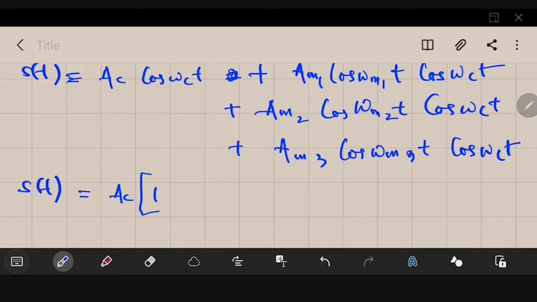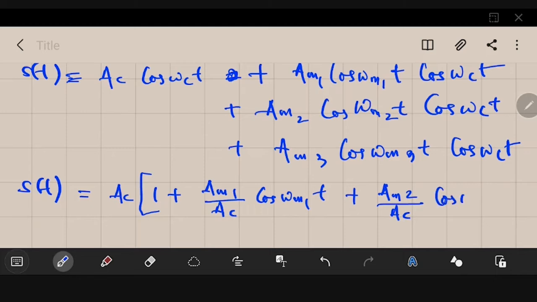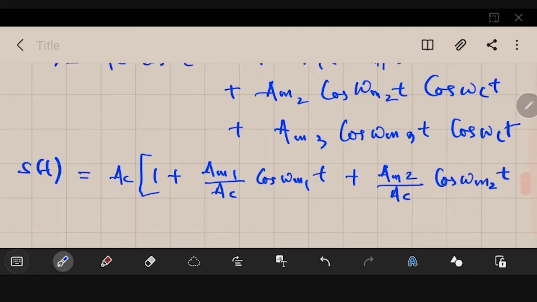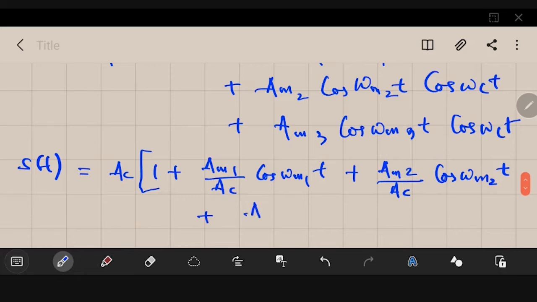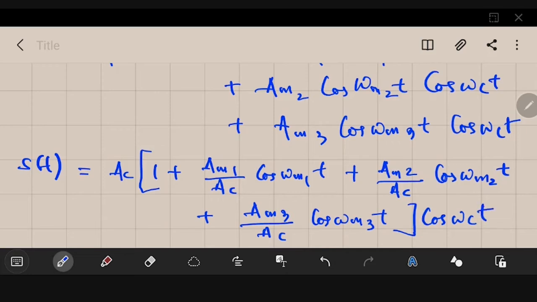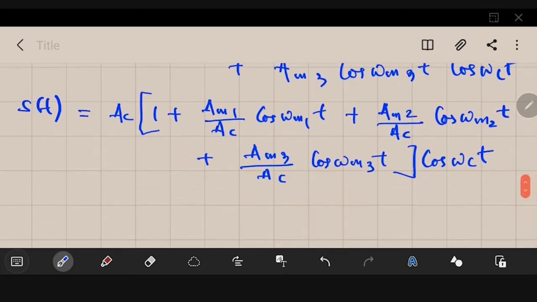So I can write it like this, 1 plus A_m1 by A_c cos omega_m1 t, similarly plus A_m2 by A_c cos omega_m2 t, and then plus A_m3 by A_c cos omega_m3 t. Let me keep cos omega_c t outside. Got it? So this is basically the expression for the AM wave.